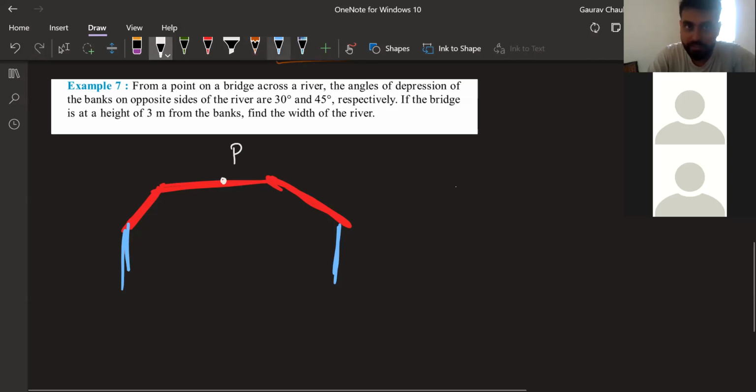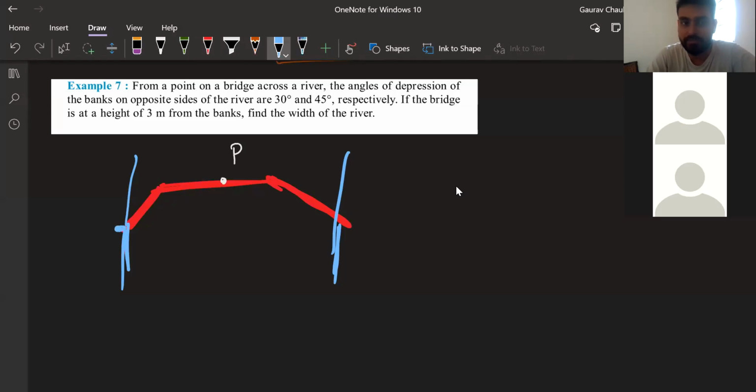From this point P, when I look at the bank, where this river is going, I'll take this point only as the bank. Let this point A be one side of the bank, and let this point B be the other side of the bank. Dilruba, okay so far? Yes, sir. Because the bridge is above, there's an angle of depression being formed whenever I look at the bank, right?